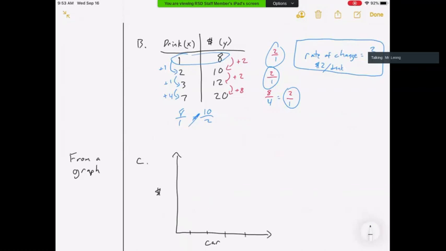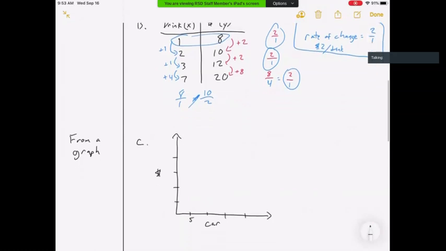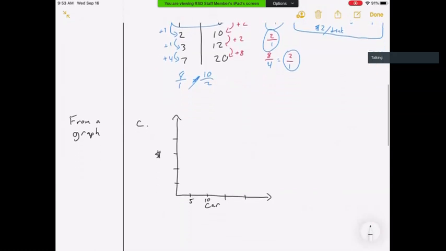This is going to be 40, 80, 120, 160. You have a second to copy that down.